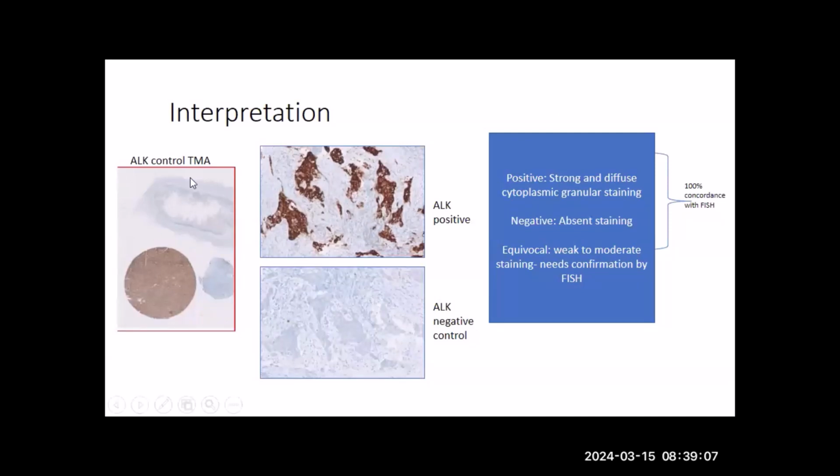There is always a control TMA, which has some negative staining tissues and this core of tissue, which is positive staining. In every batch, there is always a control IHC run because we have to be sure that the test has worked properly. Even this case that we are talking about is showing ALK positivity.